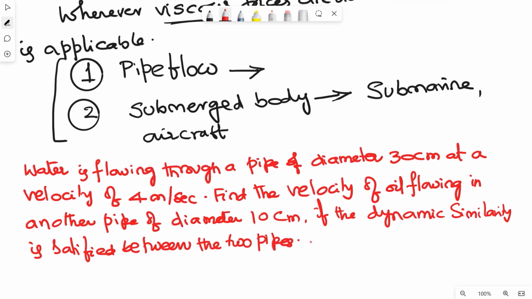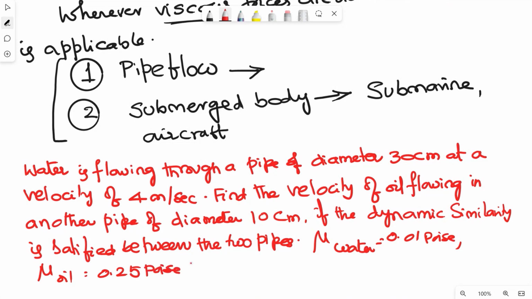The viscosity of water, mu water, is equal to 0.01 poise, mu oil is equal to 0.25 poise. Specific gravity of oil is 0.8.